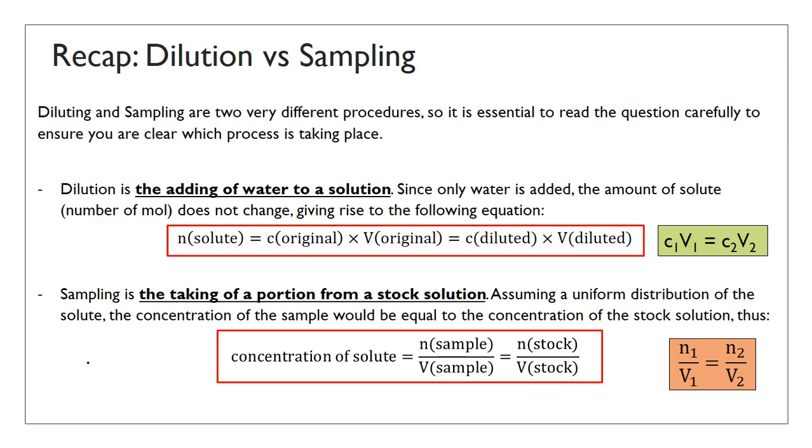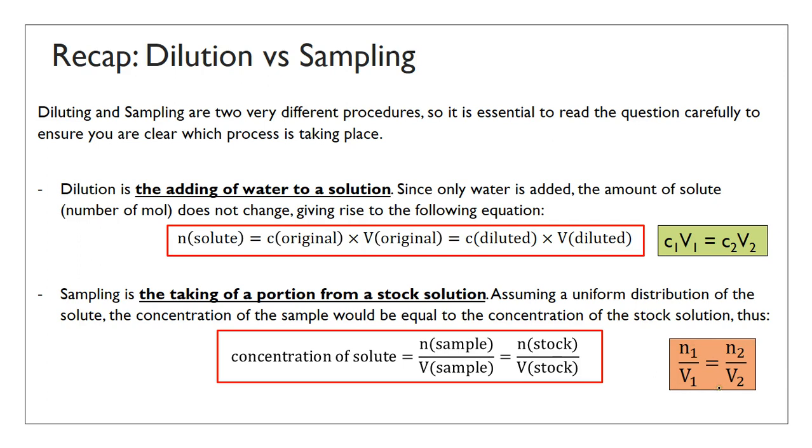But diluting is when you add water, so the number of moles of the solute is not going to change, which means that C1V1 equals C2V2, with 1 and 2 being the two solutions. Sampling, on the other hand, is when you take a small portion from a stock solution. So when you take a small portion from a stock solution, the concentration should remain the same, and it means that n1 over V1 equals n2 over V2.